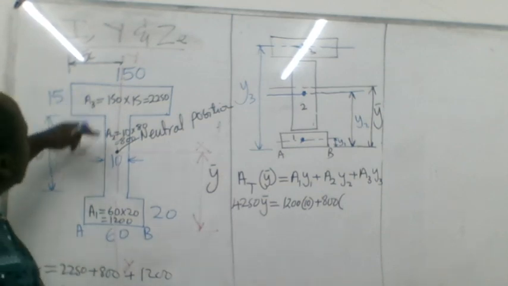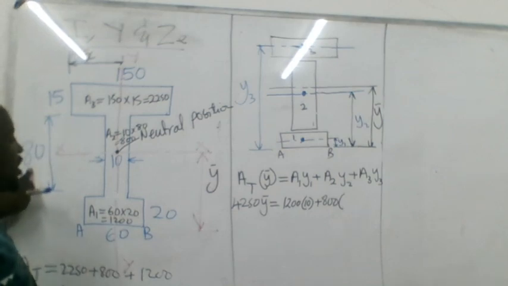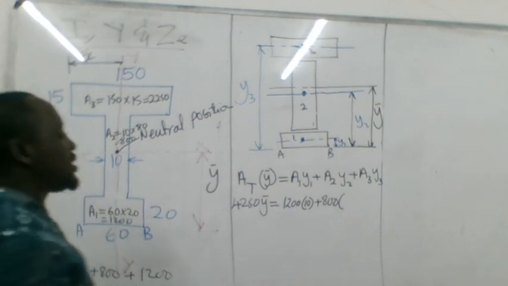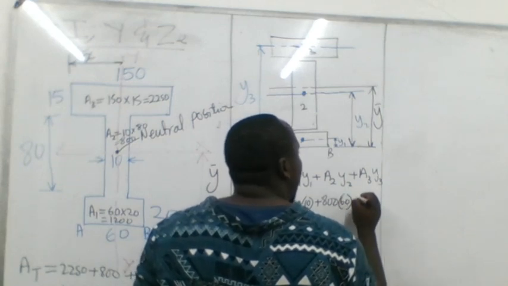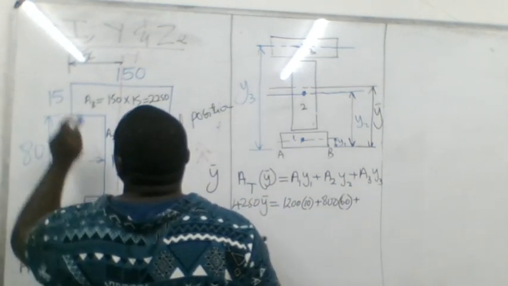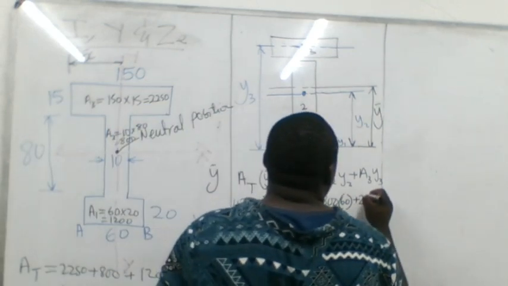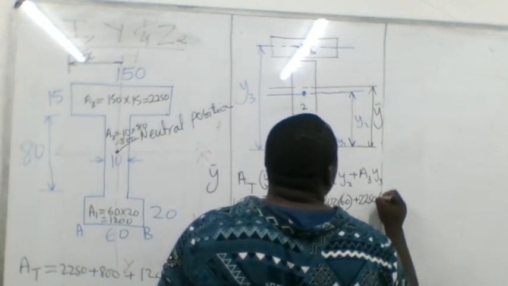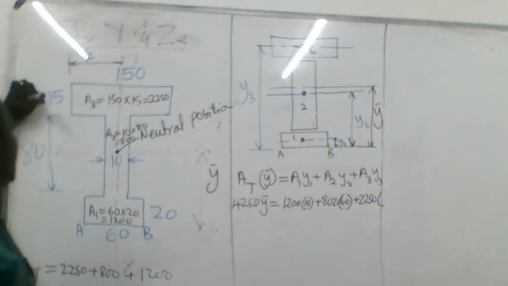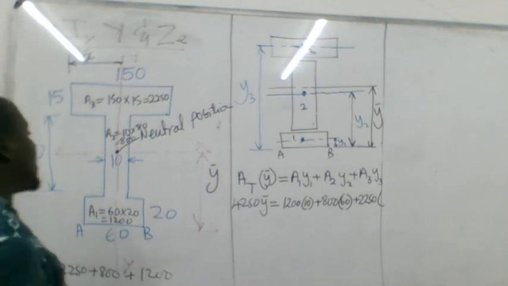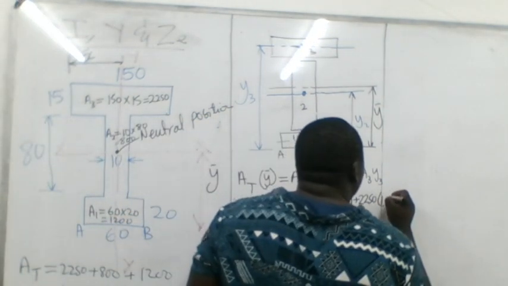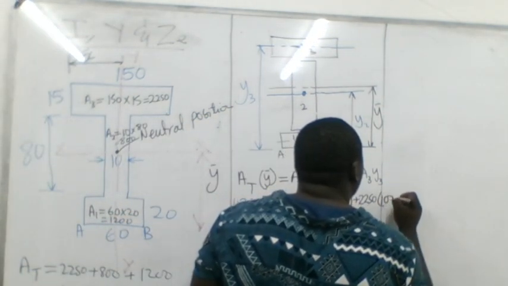So half of the 80 is 40. 40 plus 20, 60. So you write 60 here. Don't write 40. Plus area 3 is 2250 times the height, half of 15 is 7.5. Plus 80, it's 87.5. Plus 20, 107.5.